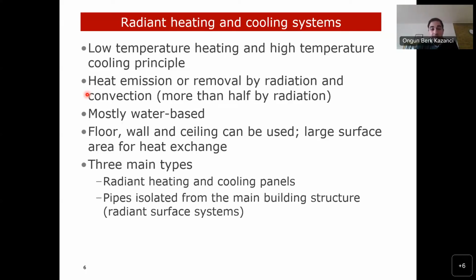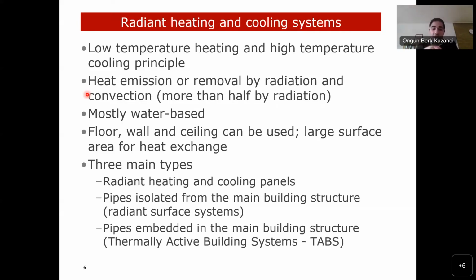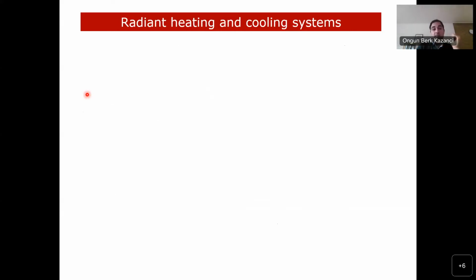The second type is also known as radiant surface systems, and these are pipes that are embedded in the building structure, but they are isolated from the main building structure. And then the third type is what's commonly known as thermally active building systems, which are pipes that are embedded in the main building structure, so we can activate and control the thermal behavior of the building or of the surfaces in the building.